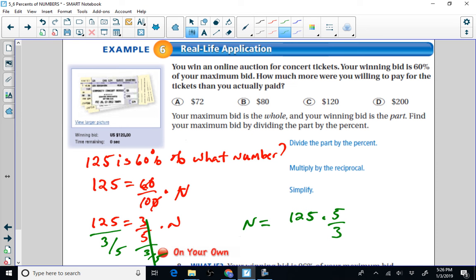So 5 times 5 is 25, carry the 2. 5 times 2 is 10, 2 is 12, carry the 1. 5 times 1 is 5, 1 is 6. So 625 divided by 3. 3 into 625. 2 times 3 is 6. Let's see, something's not right here.